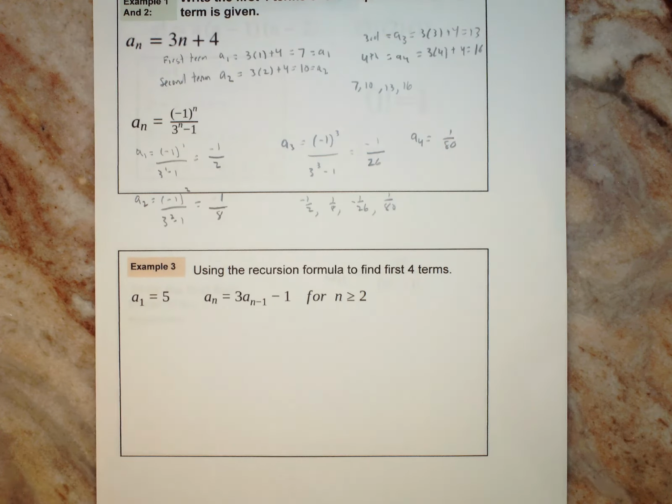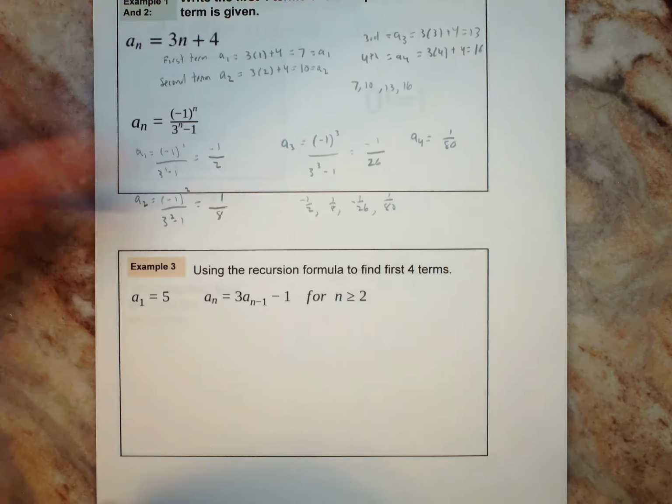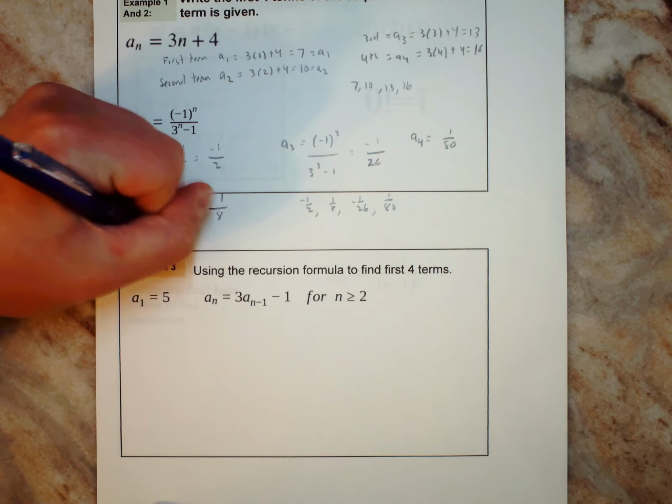All right, example 3, it says use the recursion formula to find the first 4 terms. So recursion formula, what does that mean? So I'm just going to define it right here.